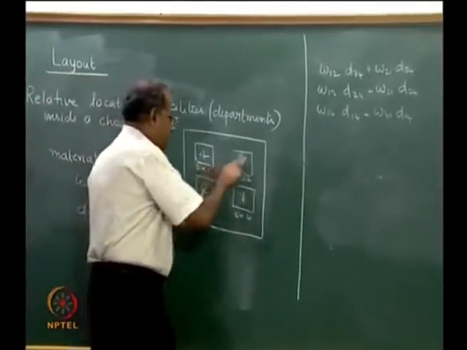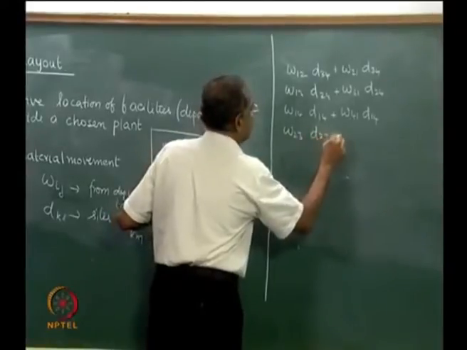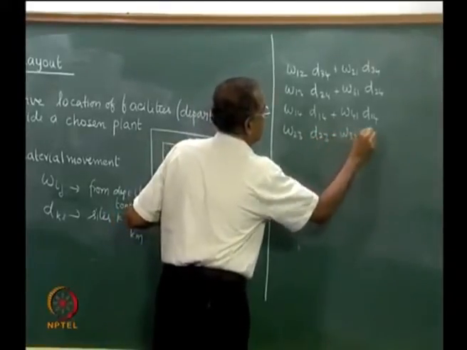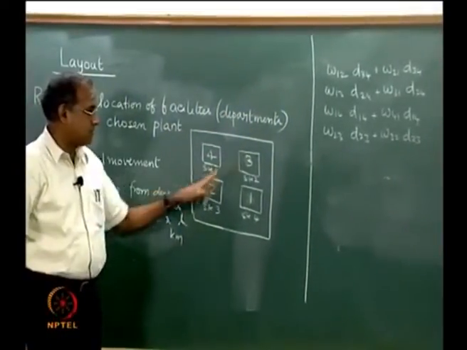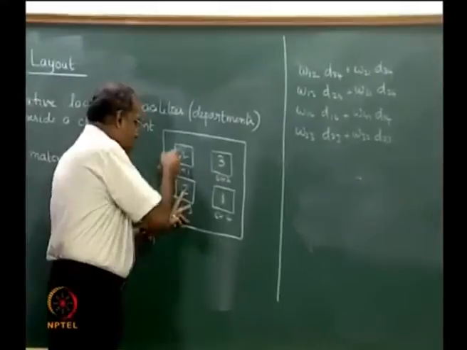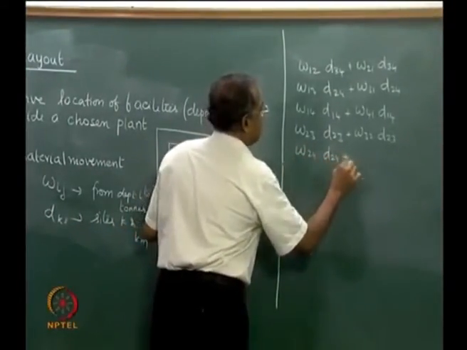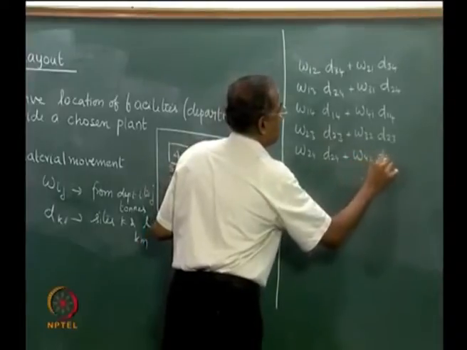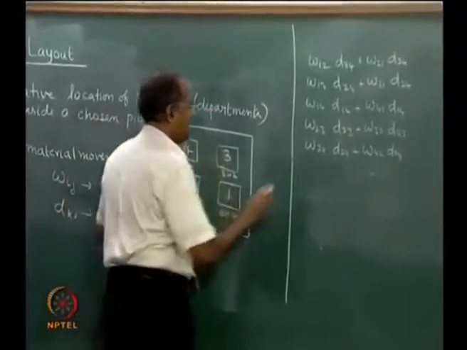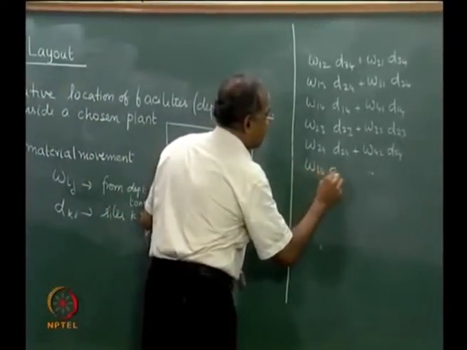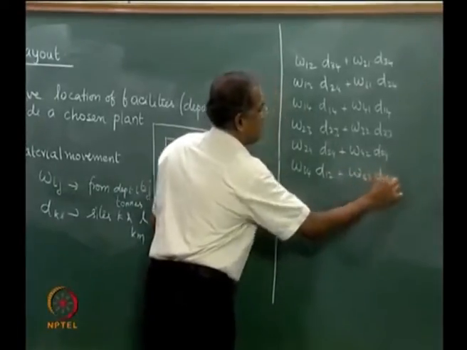Now, the interaction between these two will be W23 d23 plus W32 d23. The interaction between these two will be W24 d24 plus W42 d24, and lastly the interaction here will be W34 d12 plus W43 d12.